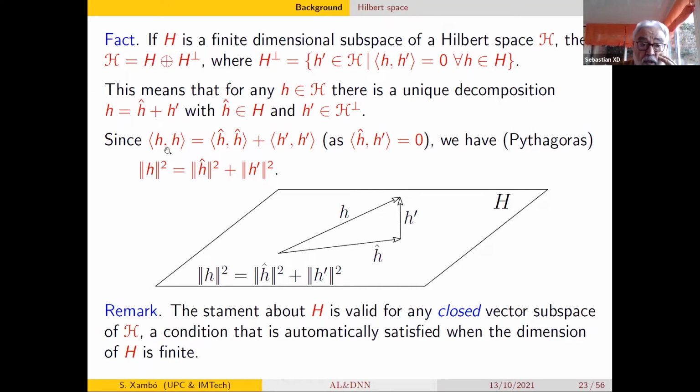Now, since the inner product of h hat and h prime is 0, it turns out that the inner product of h and h is the inner product of h hat and h hat plus the inner product of h prime and h prime. Well, this is a form of Pythagoras theorem, and therefore the norm squared of h is the norm squared of h hat plus the norm squared of h prime, okay? I will need it a little later.